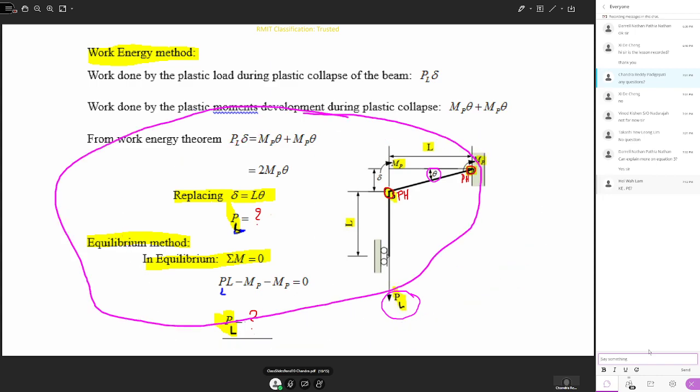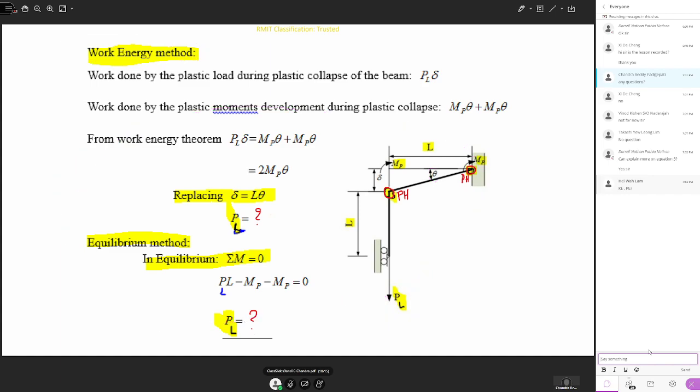Okay, so now first we apply the work energy method. When you apply the work energy method, work is nothing but the product of force and displacement. Now the force here is the plastic load. The load reaches the plastic load PL.